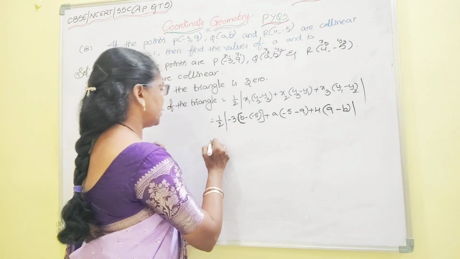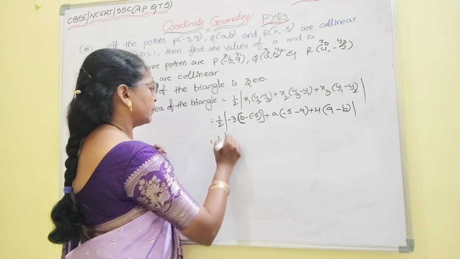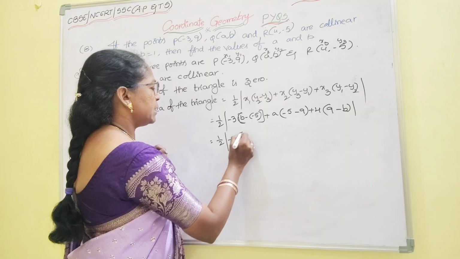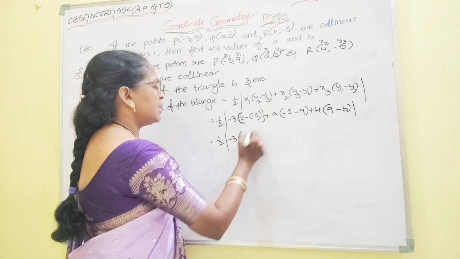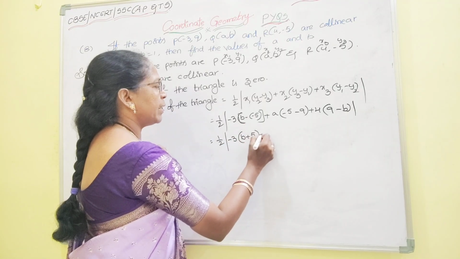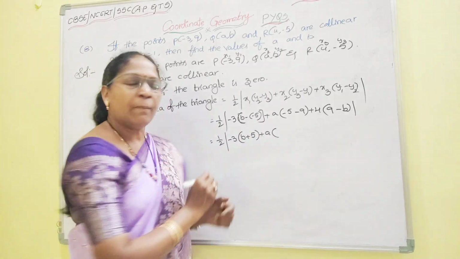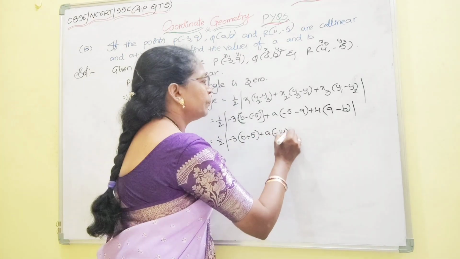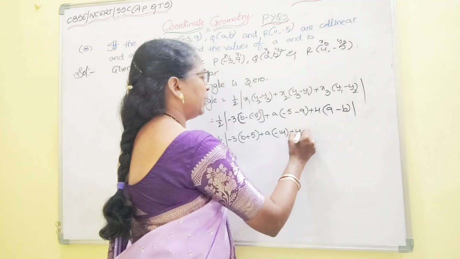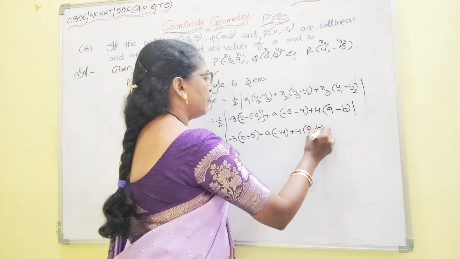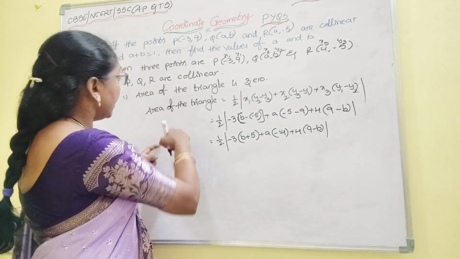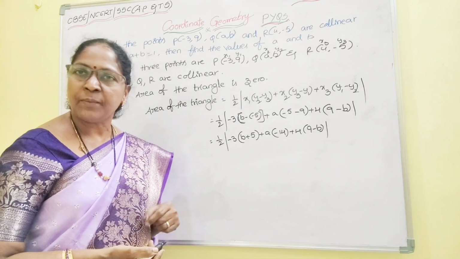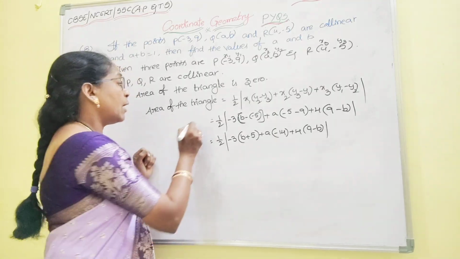Now simplification: half modulus minus 3 into b plus 5, since minus into minus is plus, plus a into minus 5 minus 9 equal to minus 14, plus 4 into 9 minus b. This entire value, the area of the triangle, equals 0. That also you have to replace.